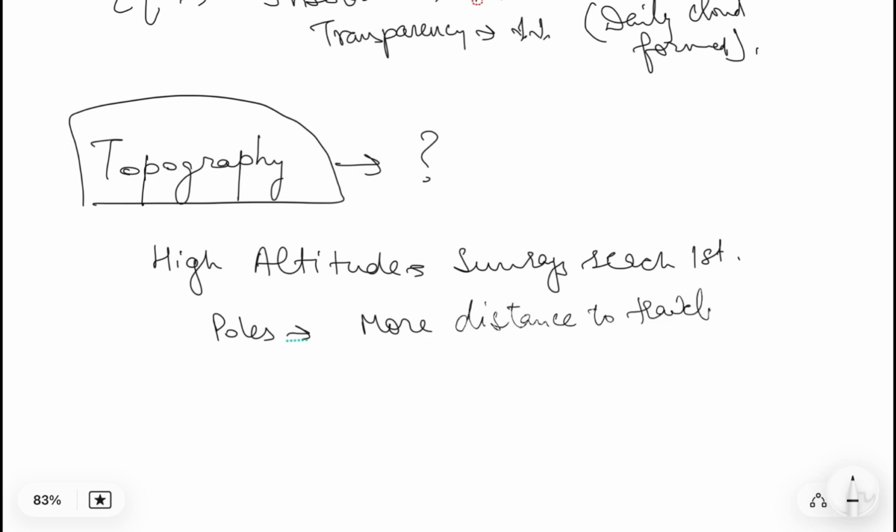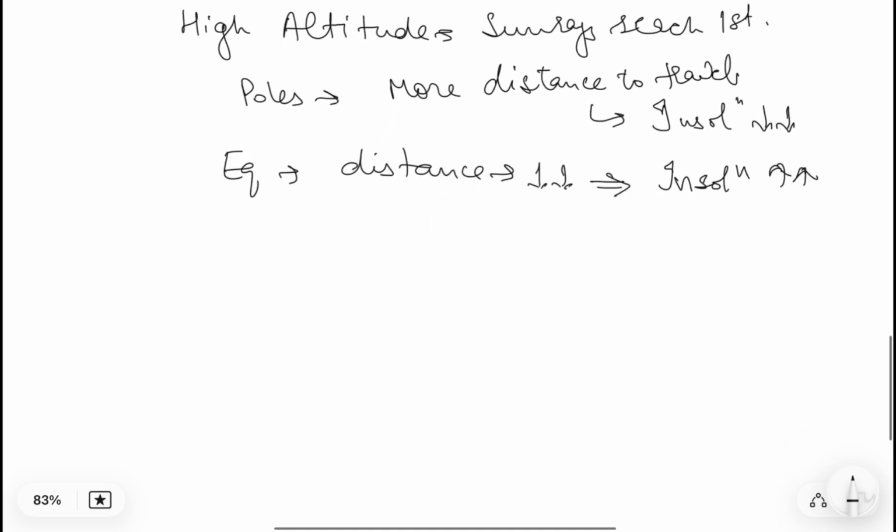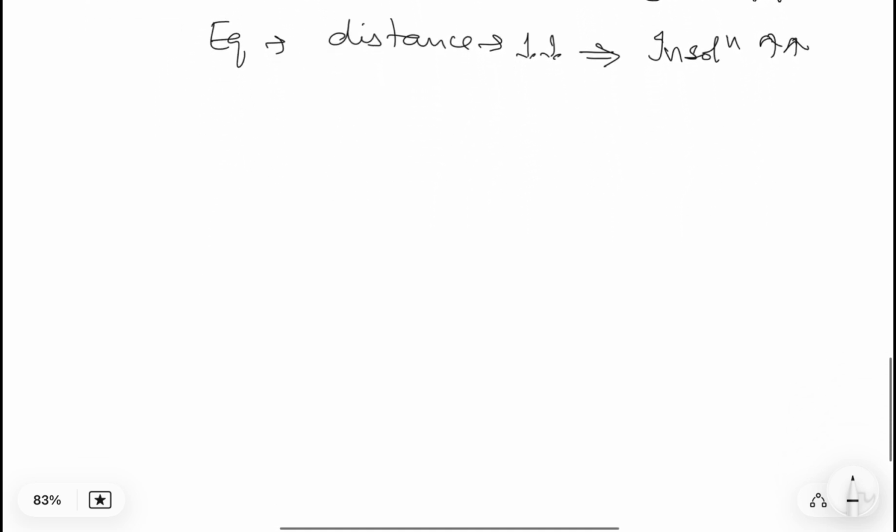If it takes more distance to travel, the insolation reaching the poles will be low, and in case of equator the distance is very less as compared to the poles. So since the distance is very less, the insolation will be high. This is how topography affects the incoming solar radiations.